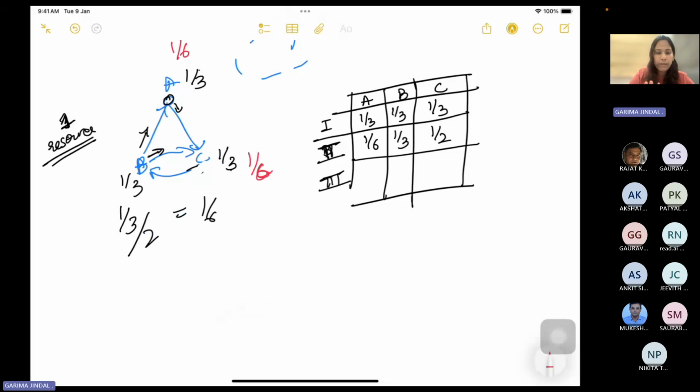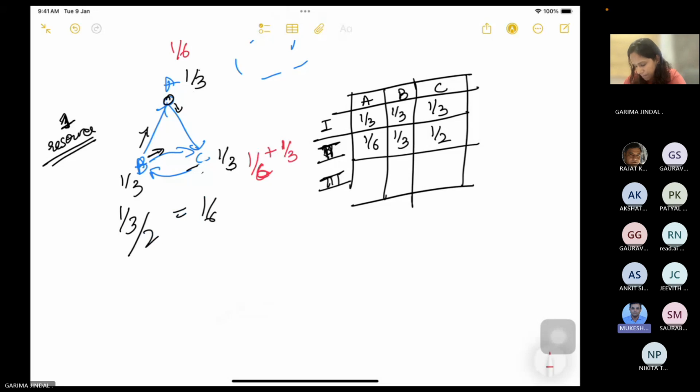Up till now, is it clear? Yes, ma'am. Now from A there's only one outgoing edge, so A will distribute its entire resource, which was 1/3, to C. So C will have 1/6 plus 1/3. How are we deciding that when this distribution is happening?